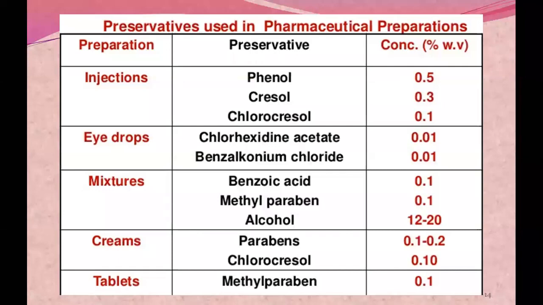For each example you are supposed to explain the structure, its physical properties, and for what it is used as a preservative, whether it is bacteriostatic, whether it is used against fungi, and which type of fungi, yeast or mold. I have written everything in the presentation, so you are supposed to memorize everything. Never forget to write the structures. The more structures you draw, the more marks you can expect.